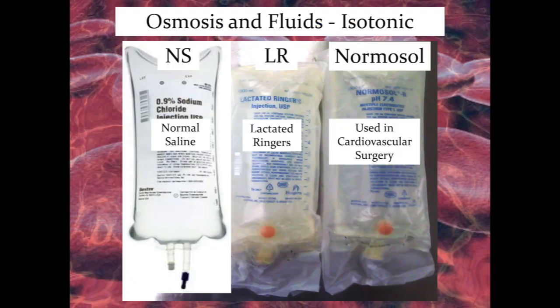These are a list of the 3 available isotonic fluids. Notice again that we've got normal saline, lactated ringers, and I'd just like to show you that we've got a solution that we use in cardiovascular surgery called Normosol. It is also isotonic.